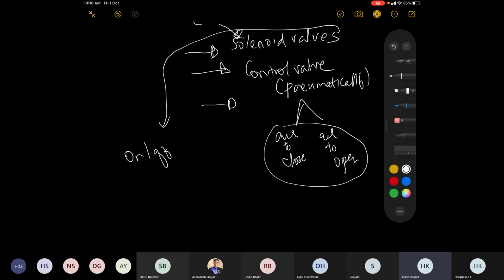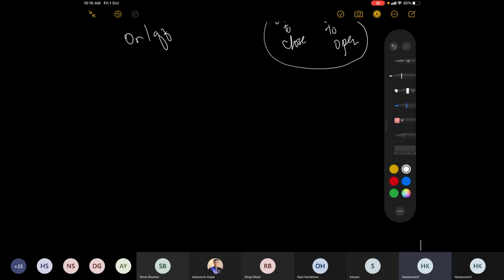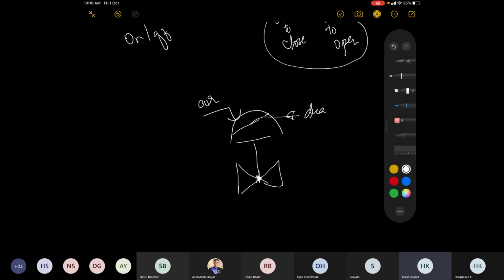What is the advantage of a control valve, which gives precise control? You have a control valve and you have a stem, and there is a diaphragm and there is air. This is air, diaphragm, stem. This is plug.